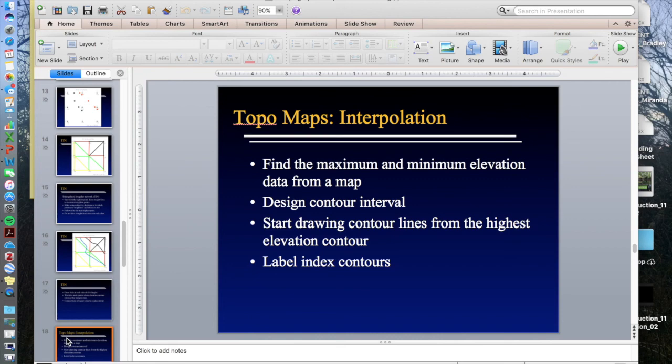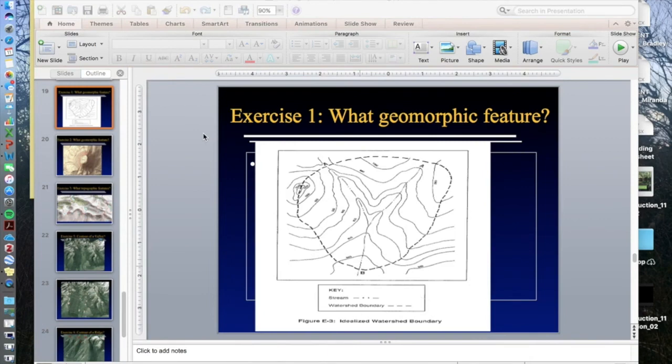But if we did every 1 meter or every 1 foot, we'd have so many contour lines that you almost wouldn't get to see anything. We are able to see geomorphic features using these contours. We have what we call the rule of V's, and this helps us identify watershed boundaries.